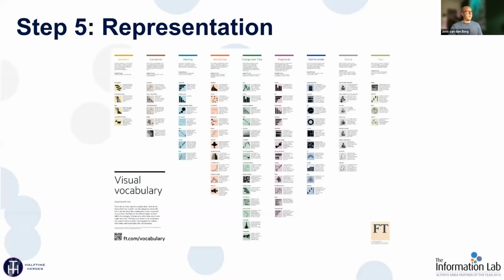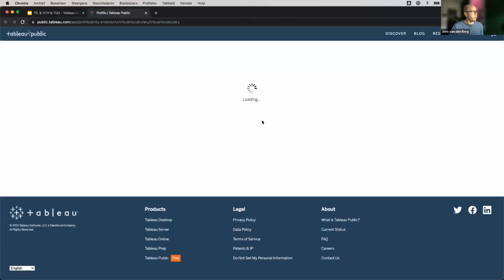On to the next step, which is representation. After we had these research questions, we started thinking of ways how we can now visualize these questions. Of course, you want to answer them, but you want to answer them visually as well. A thing that really helped us is this overview that you see. There's also one on Tableau Public made by a colleague of ours, Andy Kriebel.